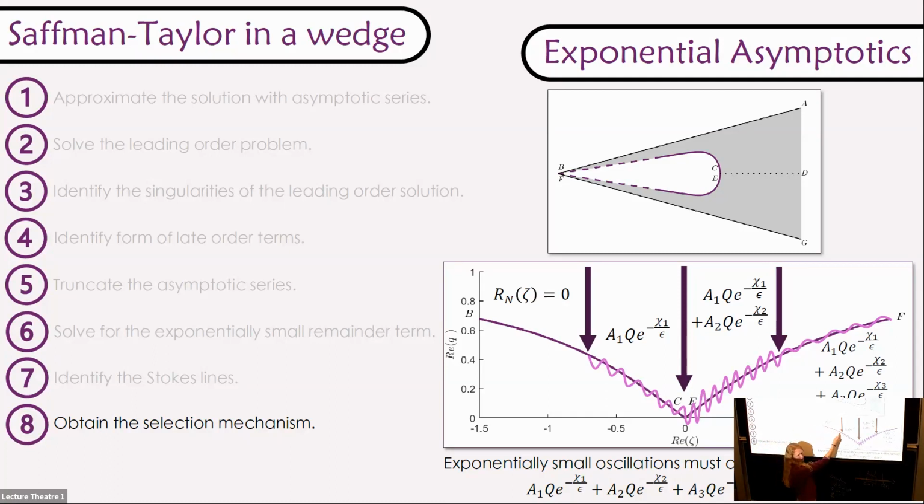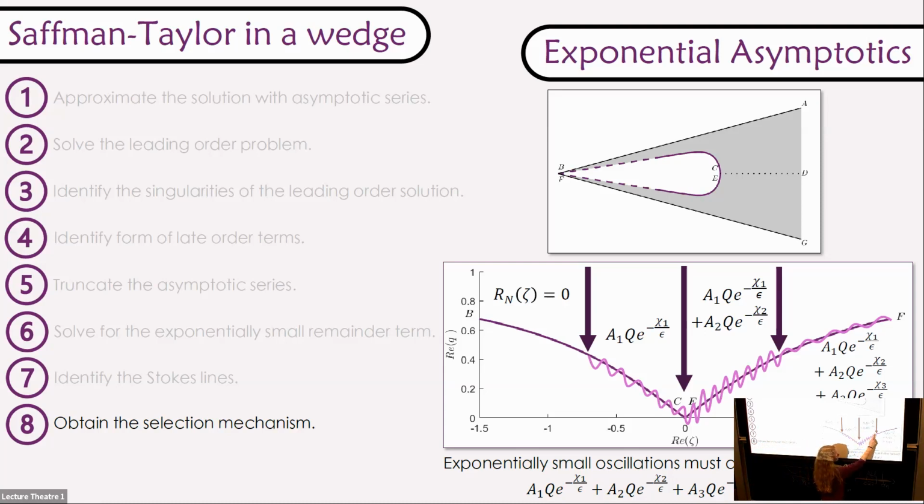Then we cross the Stokes line. When we cross the Stokes line, we switch on one of the exponentially small terms. That looks like this. We get some exponentially small oscillations in our solution. Then at some point we cross another Stokes line, we switch on another exponentially small remainder term. These kind of add up to give us some sort of pattern.